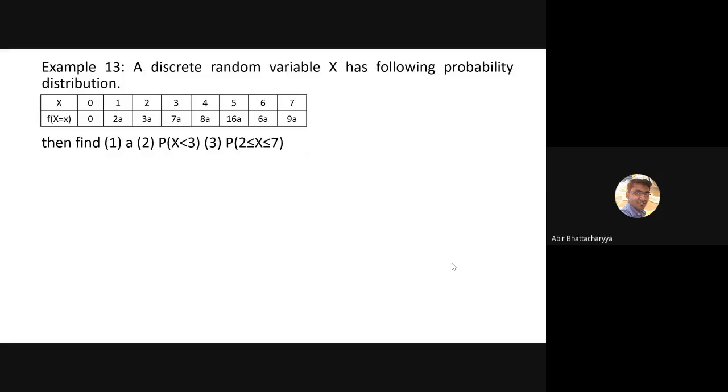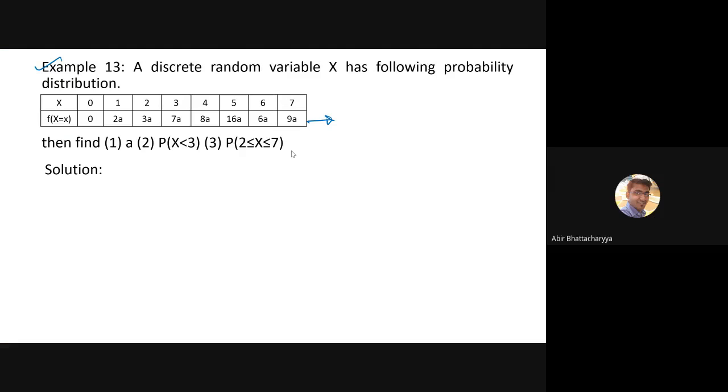Next question, number 30. A discrete random variable has the following probability distribution. Again, the same type of question. I don't think it will trouble you much, because instead of k here, it is a given to you. You have to add all these first, and it should equal 1.